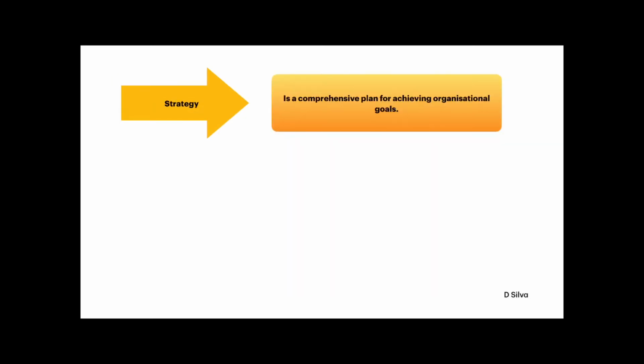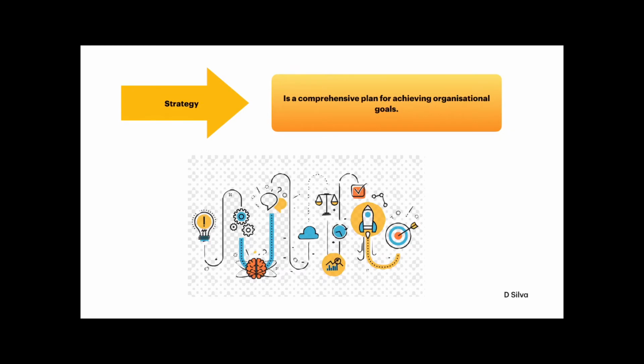Strategy or strategies is a comprehensive plan for achieving organizational goals. There are three important dimensions for this: first, determining the long-term objective, second, adopting a particular course of action, third, allocating resources necessary to achieve the objectives. Remember, strategy is formulated by management keeping in view the environmental changes.